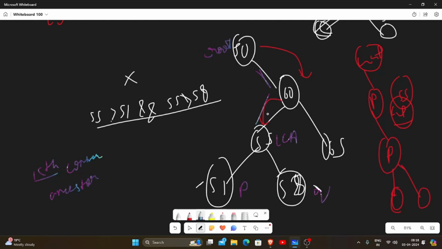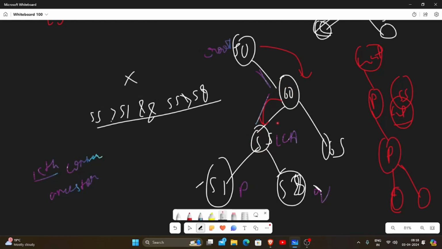So can we actually say that from the lowest common ancestor to the path till root, all the nodes would be the common ancestors of P and Q? Yes, we can say the same thing, because the reflexive property says that this will also be an ancestor.